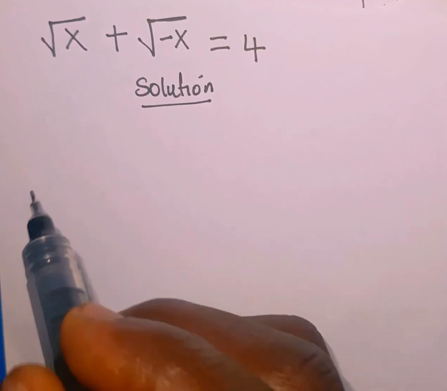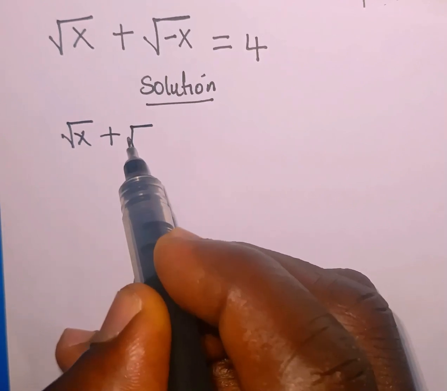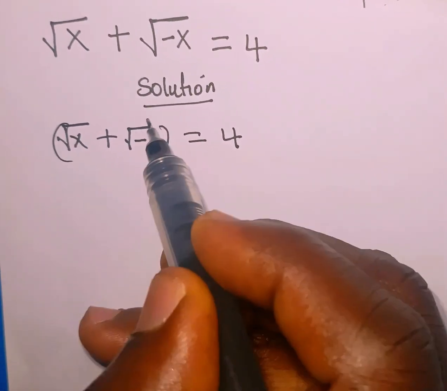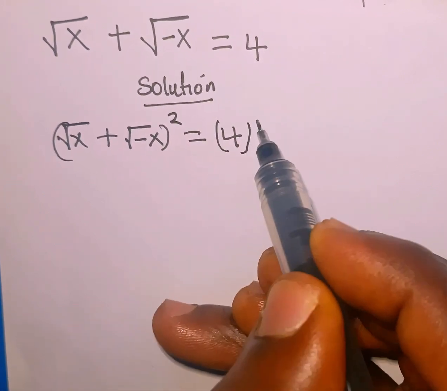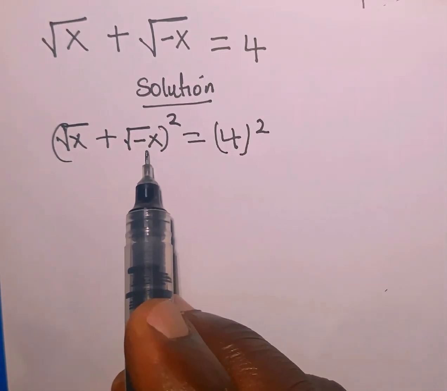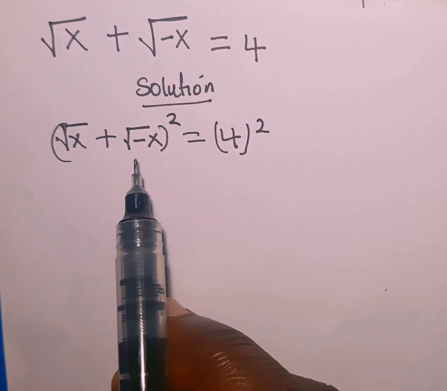On the left hand side, we have square root of x plus square root of negative x, which is equal to 4. So we square the left hand side and also we square the right hand side. So square root of x plus square root of negative x all squared implies this bracket is multiplied by itself 2 times.